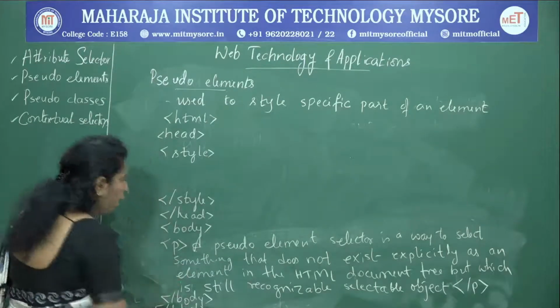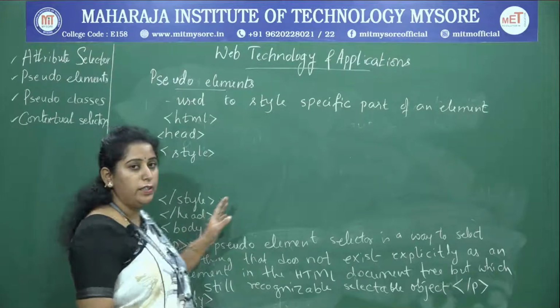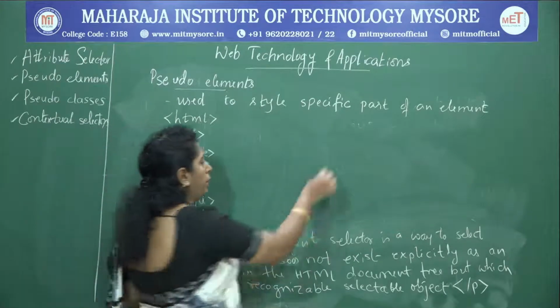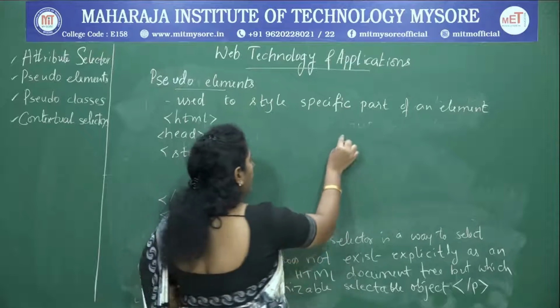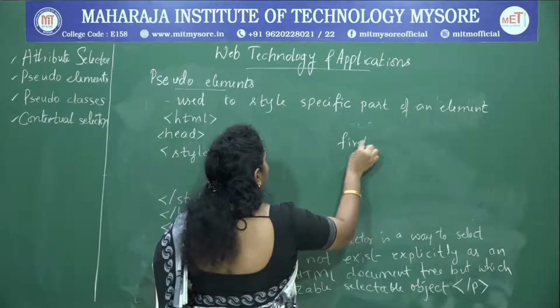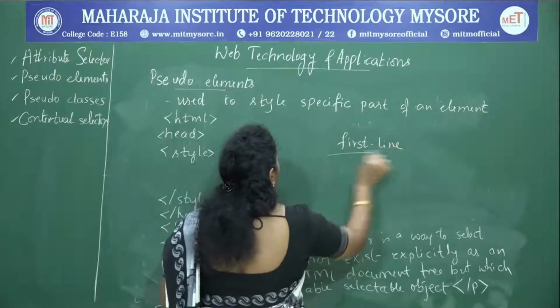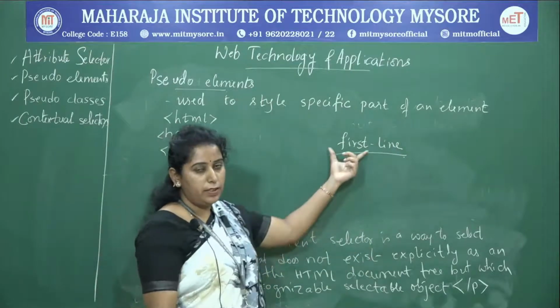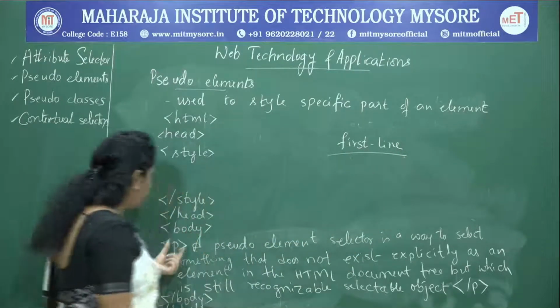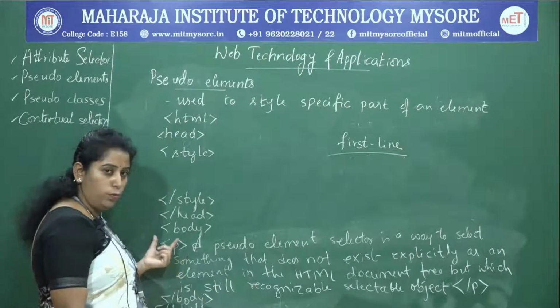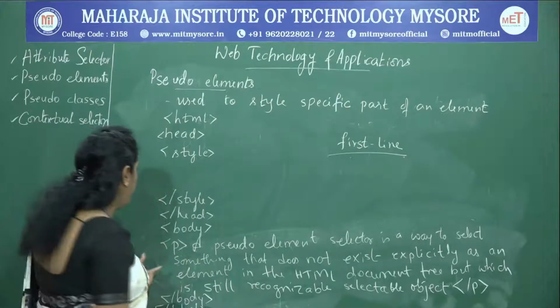Now I told you that I am going to implement a property to style the first line of the paragraph. The pseudo element is this one. For which element do I have to set the property? The paragraph tag.